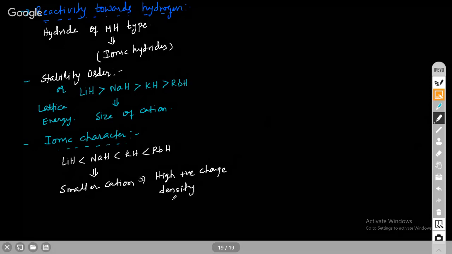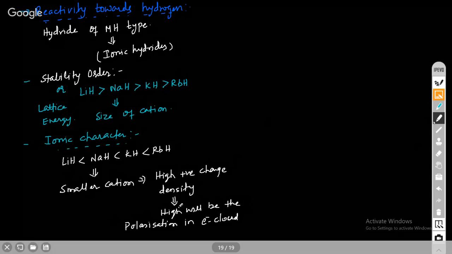With high positive charge density, high will be the polarization in the electron cloud of the anion. I have discussed this in periodic properties.